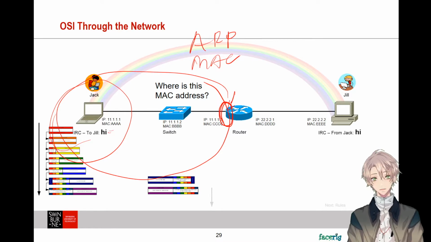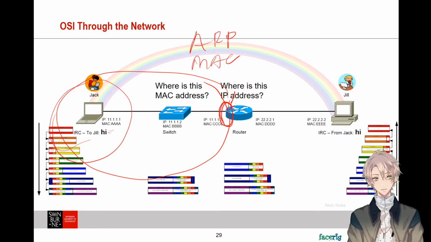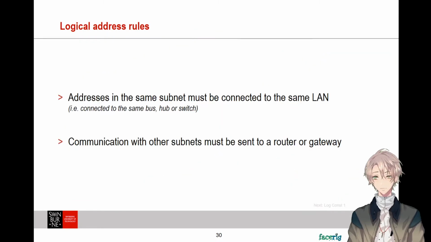Okay, so the router will find that MAC address and IP address to match it inside its table, and it will arrive to the user over here. So you need to remember the logical address rule, the basic rule.